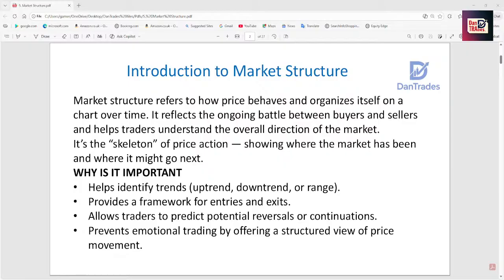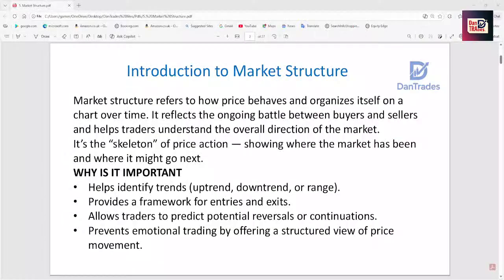Okay, so it looks like I'm having a problem with my TradingView. My TradingView is not projecting, but I don't know.